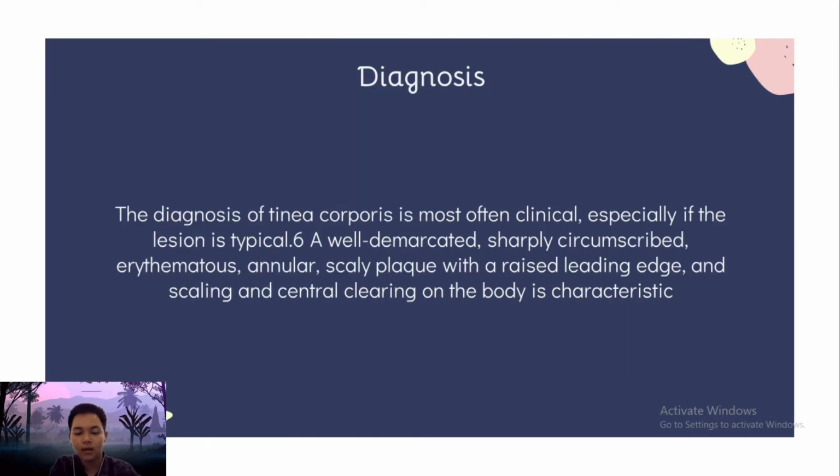The first, diagnosis. The diagnosis of tinea corporis is most often clinical, especially if the lesion is typical. A well-demarcated, sharply circumscribed, erythematous, annular, scaly plaque with a raised leading edge, and scaling and central clearing on the body is characteristic.